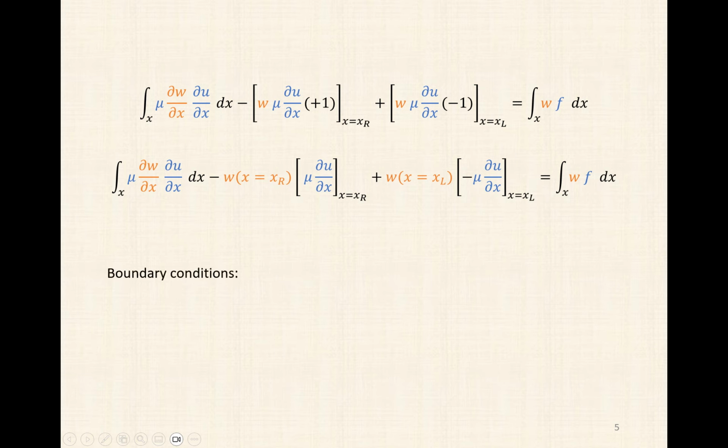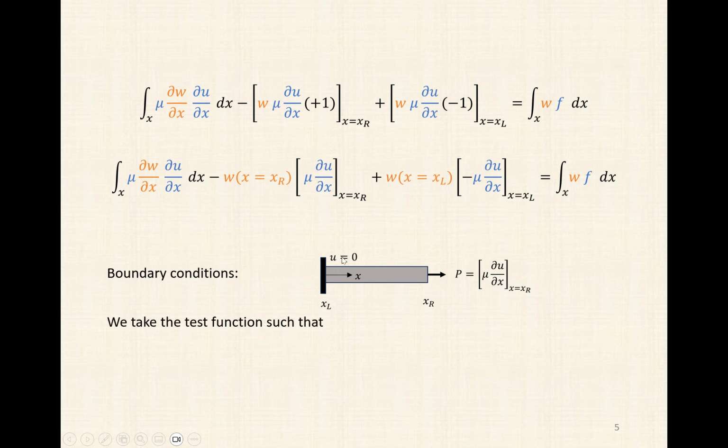Okay. Next, we are going to make use of the boundary conditions specified. That is, the Dirichlet boundary condition on the left end and the Neumann boundary condition on the right end. So first we look at the Dirichlet boundary condition u equal to 0. This is a homogeneous Dirichlet boundary condition. To satisfy this, we take the weight function or the test function w such that it belongs in the H01 space.